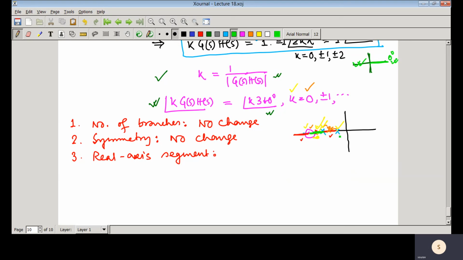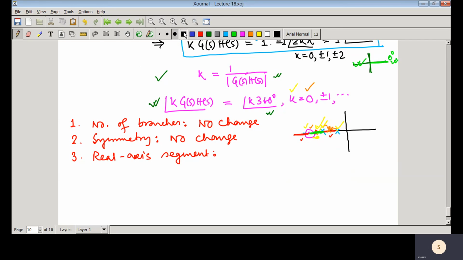So the segments in the real axis which are the part of the root locus in case of negative feedback, the complement to those segments would be the part of the root locus if you consider that positive feedback.